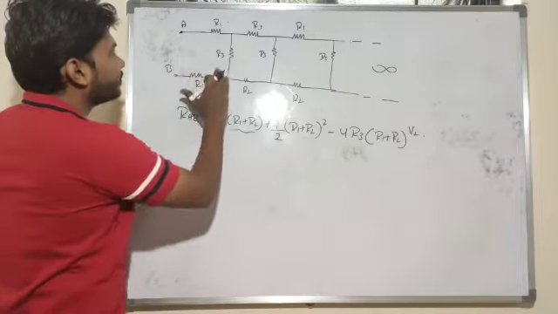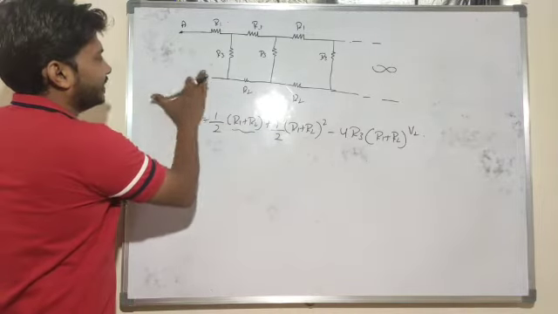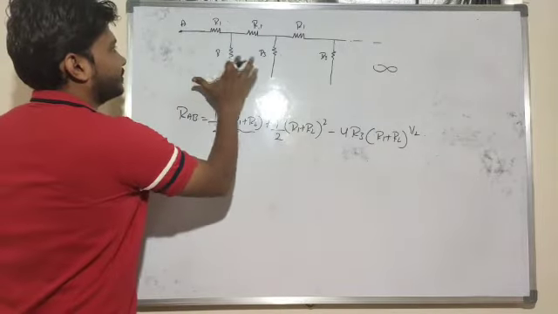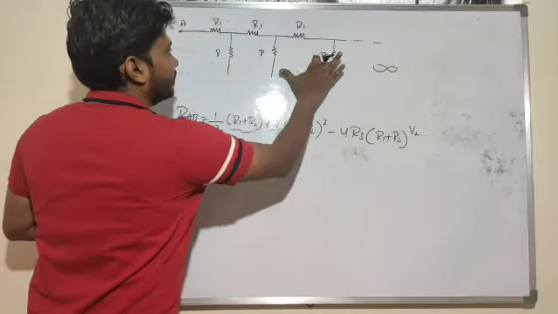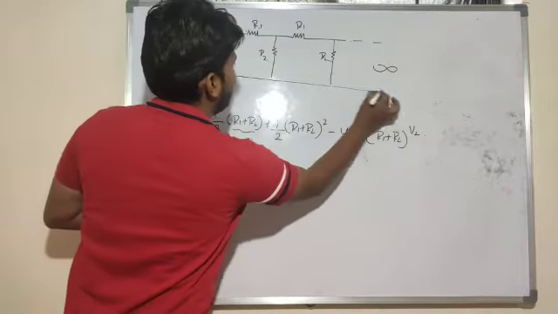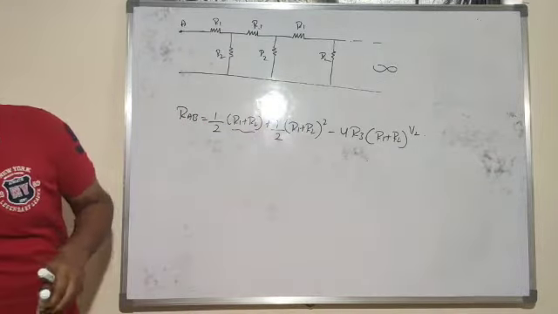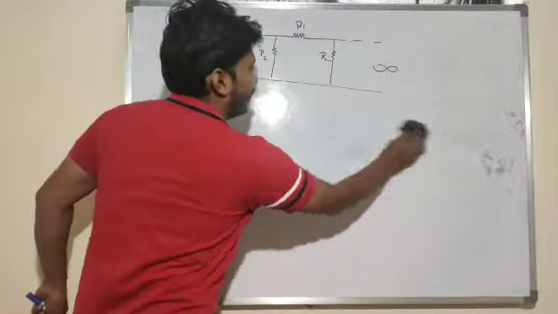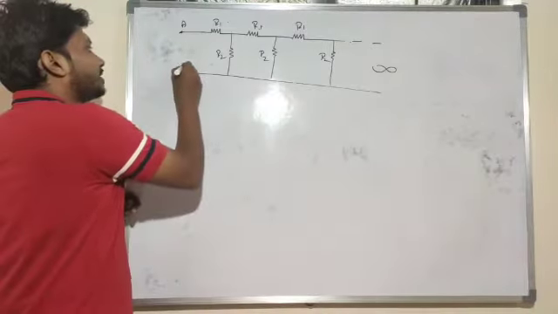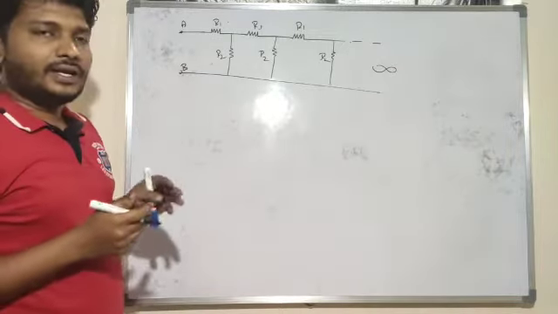Suppose the circuit consists of only a set of 2 resistances. So this one is R2. Then what will be the formula in this case? In this case I want to find the effective resistance between the points A and B here.